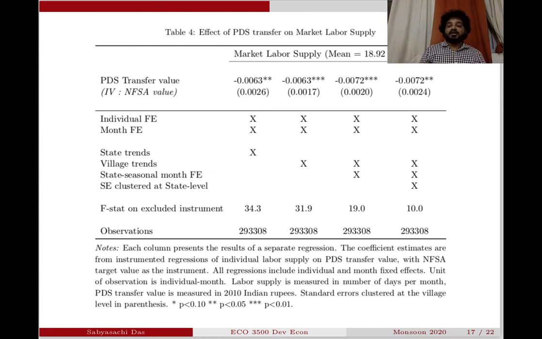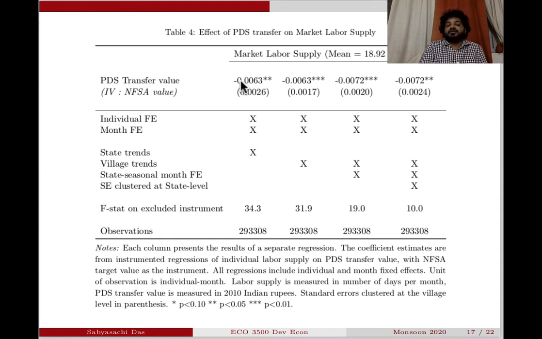In every month they collect this data, and what you get is that the predicted value of PDS transfer does reduce the labor supply. So what is this quantity? This is in rupee value: every additional rupee of predicted transfer via PDS reduces market supply of labor by 0.0063 days per month. So that means, in other words, 100 rupees of transfer reduces about 0.6 days per month.